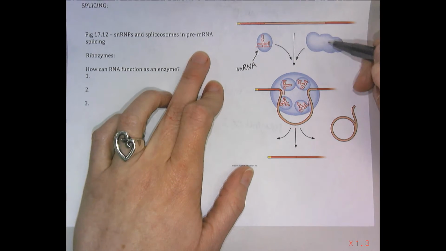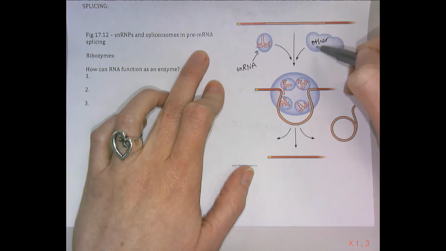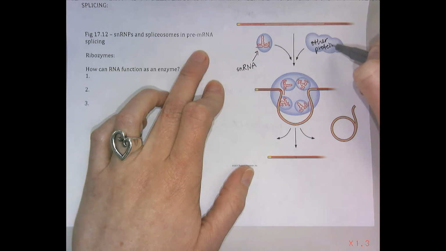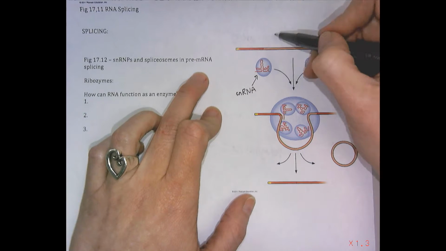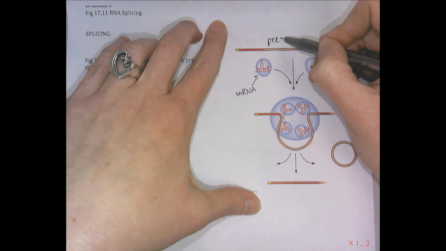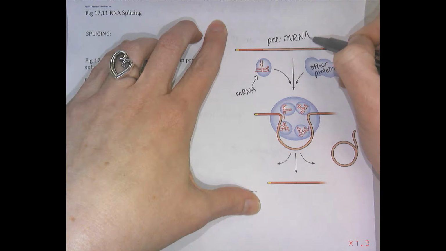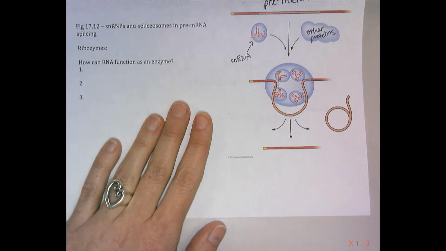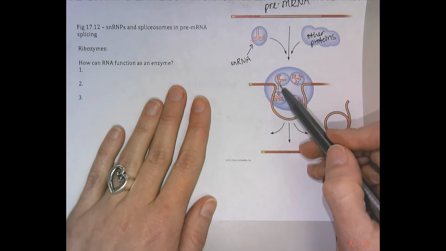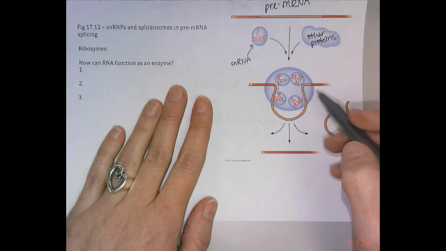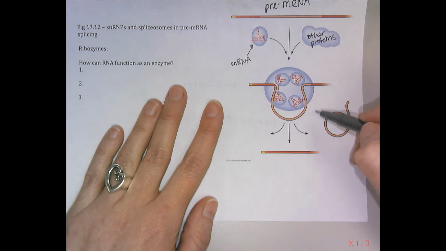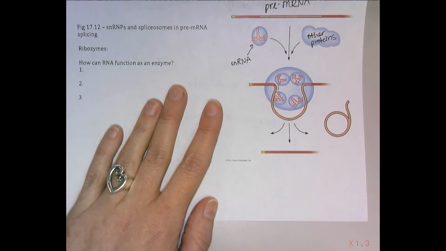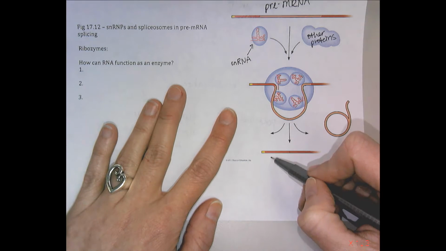Those come together with other proteins along with the pre-mRNA, the immature mRNA. That should be a little m. And then those small nuclear RNAs bind to certain regions and cause the two ends of introns to come together and loop, and then they would just be cut right out. And what's left is our mature mRNA.